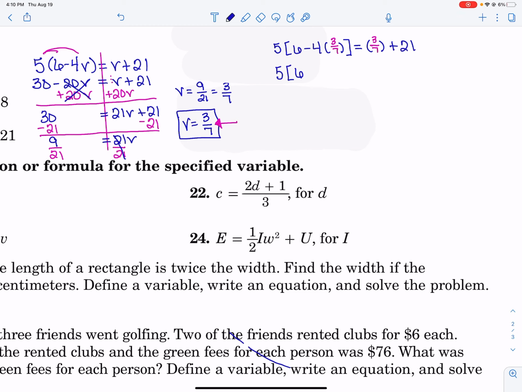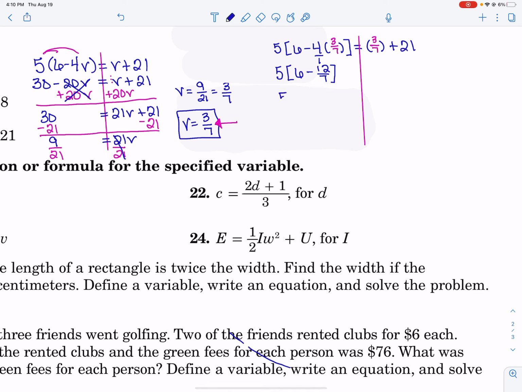So we've got to do this still just multiplying the numerator times the numerator and the denominator times the denominator. So we're going to have negative 4 times 3 is going to give us negative 12 over 7. And I'm going to work all on the left side and then I will go to the right side. Okay.